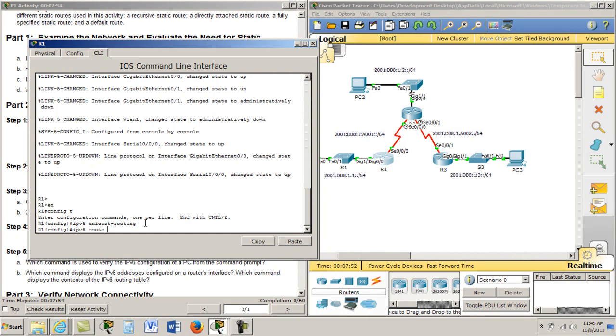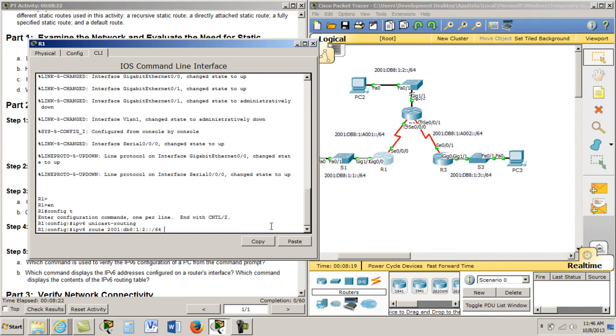The network we want to reach is the network off of G0/0 on R2, so we plug in 2001:DB8:1:2, and then we have to give it the network prefix so we can tell the router exactly which portion of that address is the network we're trying to reach.